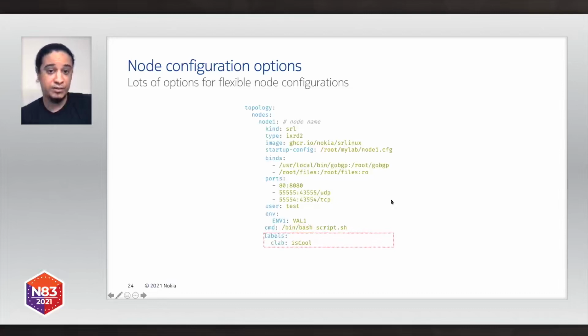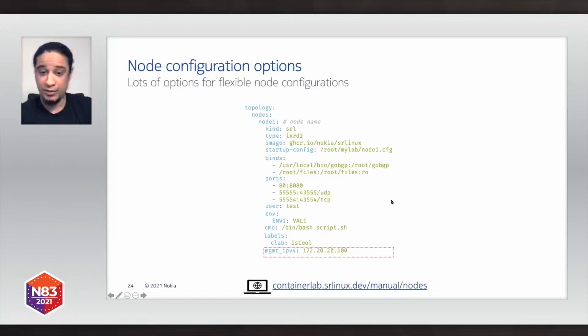The label field allows you to assign Docker labels to your images. That way you'll be able to query a certain subset of the nodes running in your topology, or filter out the ones you don't need for that specific command you are running.